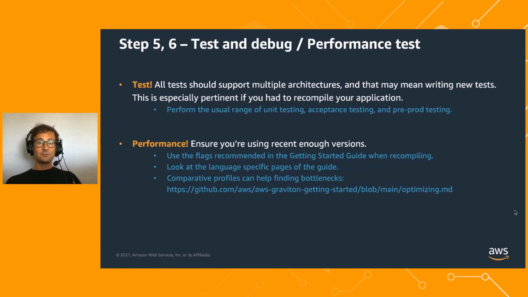From a performance standpoint, I already mentioned using recent enough versions of the various components. Another thing would be if you're recompiling anything, please ensure that you're using the right flags. Using flags specific for the Graviton-based instances can really improve the performance that you will get from your application.